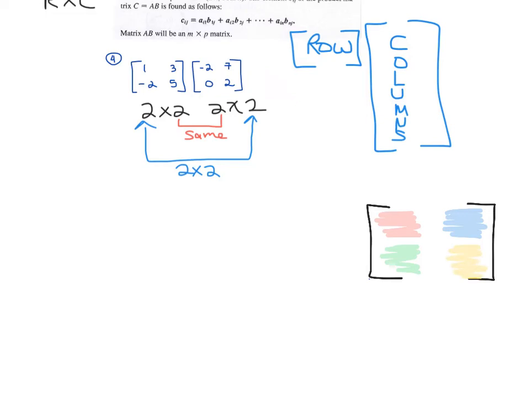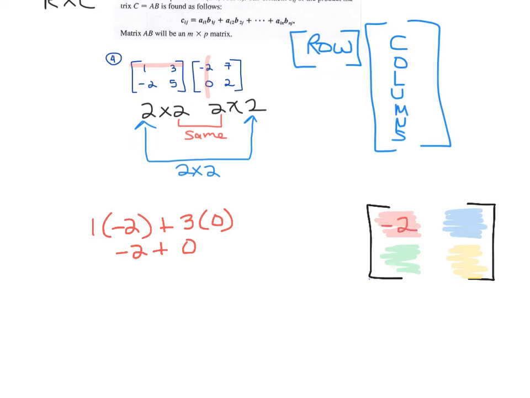Okay, so the first red that I'm going to take care of is I'm going to be multiplying row 1 times column 1. So I'm going to multiply them and add them. So I'm going to do 1 times -2 plus 3 times 0, and I get -2 plus 0.